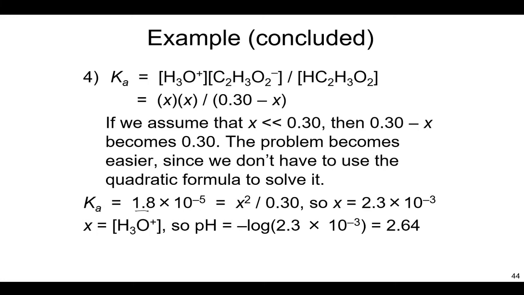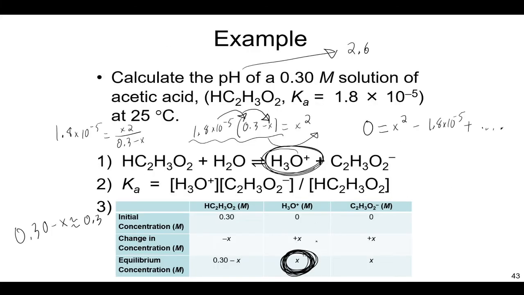Okay, so we'll have 1.8 times 10 to the negative 5 equals x squared over 0.3. We'll multiply 0.3 by both sides. We'll take the square root, and our x value will be 2.3 times 10 to the negative 3. And remember, this x value we're after is our equilibrium amount of H3O plus. What we're after in this problem is the pH, so it's just negative log of this x.